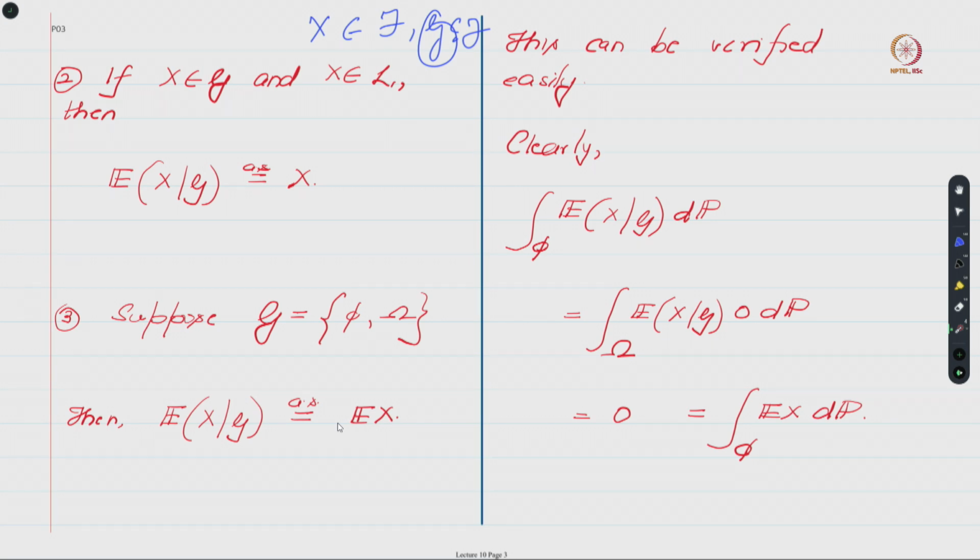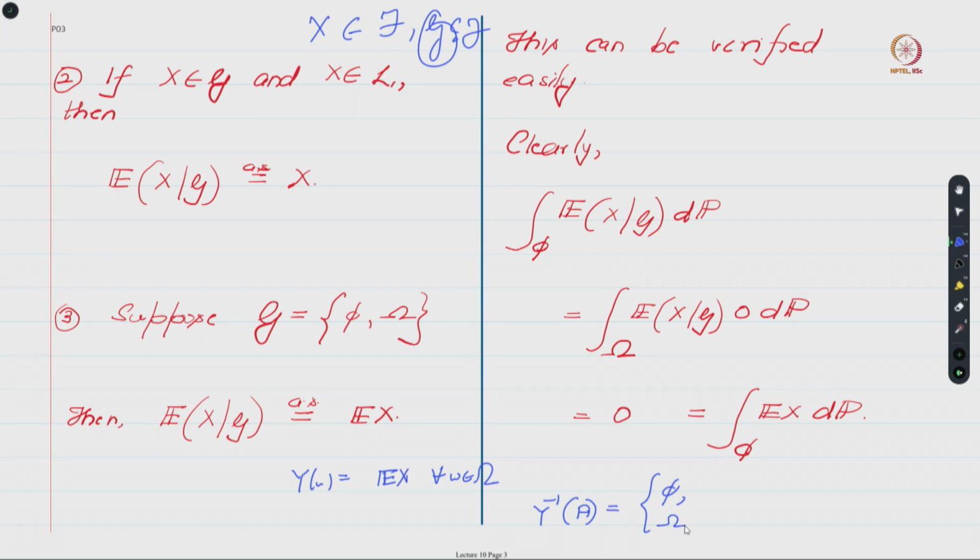The first thing we need to verify is that this right hand side is G-measurable. Let us define a function y which is equal to the expected value of x for all omega in capital Omega. Because of this definition, one can see that y inverse of any set A which is a subset of R will either be the empty set or omega.